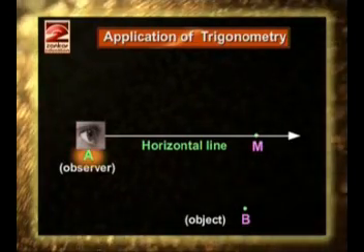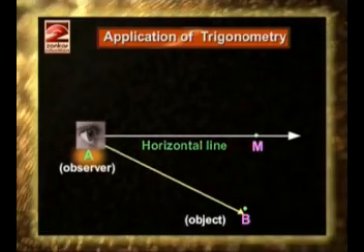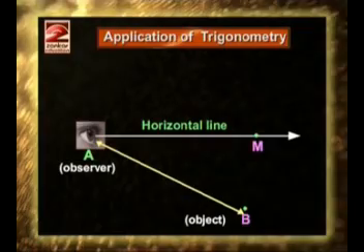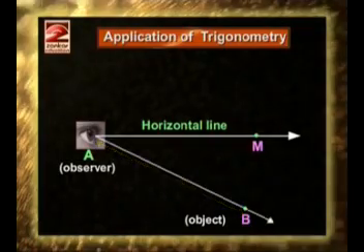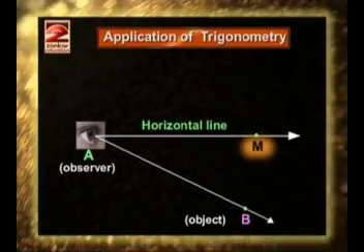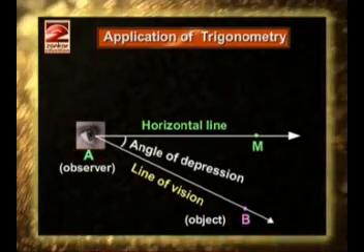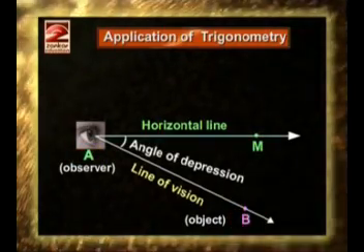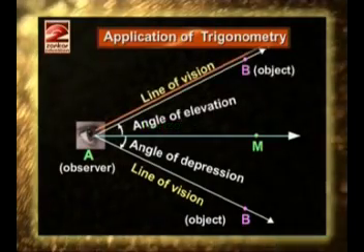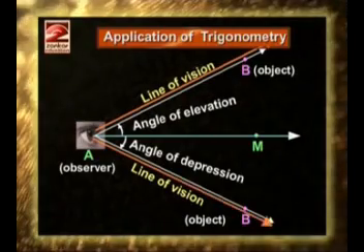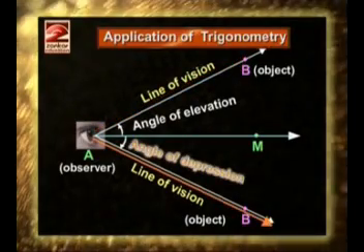Then A is at higher level than B and AM is the horizontal line through A. Then angle MAB is the angle of depression of B with respect to line AM. So when you look up, it is the angle of elevation. When you look down, it is the angle of depression.